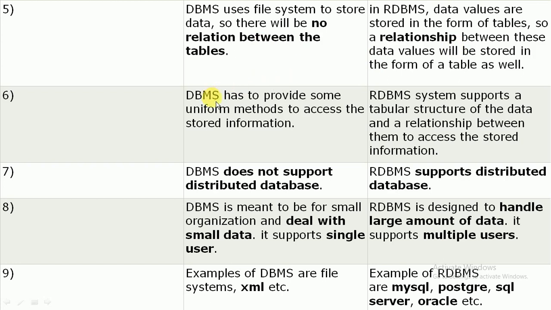DBMS has to provide some uniform method to access the stored information. But RDBMS systems support a tabular structure of the data and a relationship between them to access the stored information. Now to the next point.